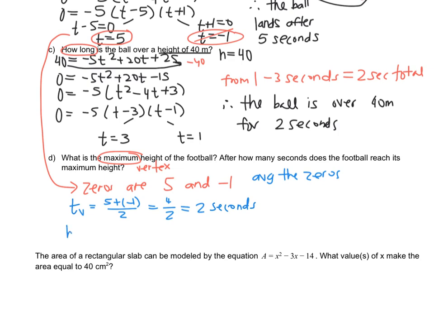Now to actually find the height, let's plug in 2 for t. So negative 5 times 2 squared plus 20 times 2 plus 25. And then you can plug that into your calculator, or you can use BEDMAS here. So remember, exponents come first. So 2 squared is 4. Then we can do all of our multiplication. So negative 5 times 4 is negative 20. 20 times 2 is 40.